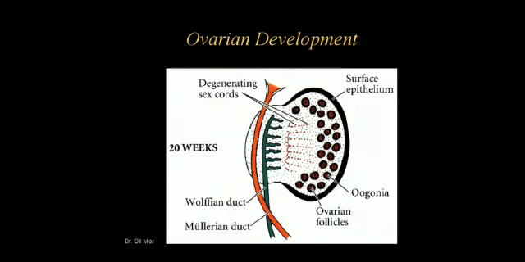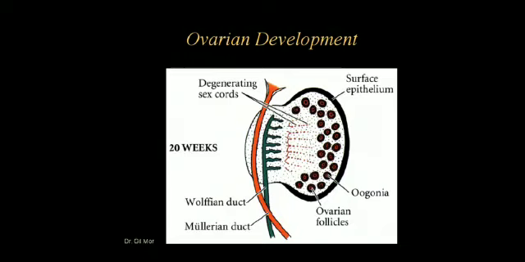If there is no Y chromosome, if it is a female, double X, then there will be absence of these two factors. In the absence of these two factors, there will be ovarian differentiation.